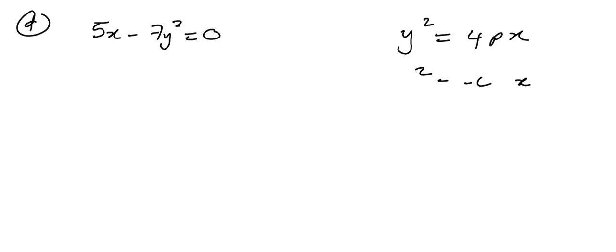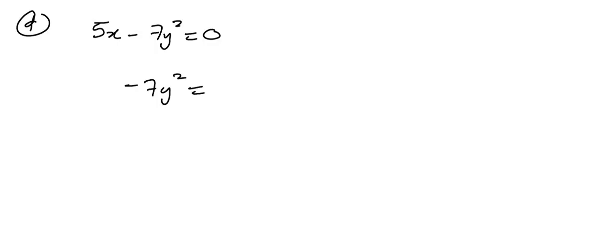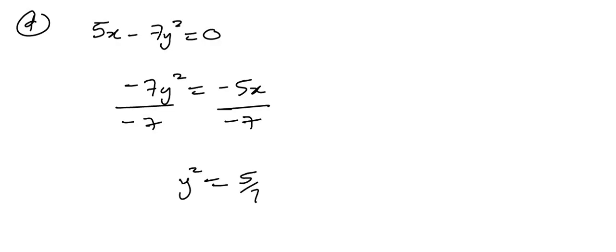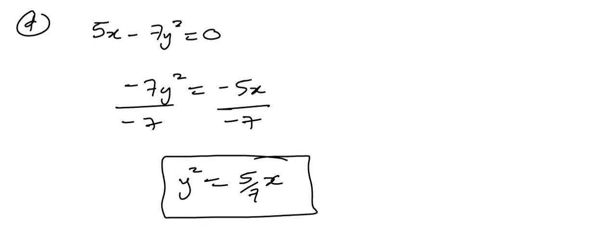So now we're going to make y squared the subject of the formula. We're going to have negative 7y squared is equal to negative 5x. Divide by negative 7 on both sides, meaning y squared is equal to 5 over 7x. So you notice this is when it's facing on the positive side.